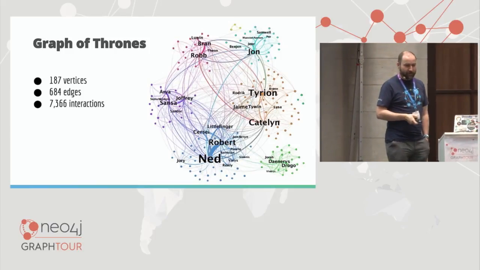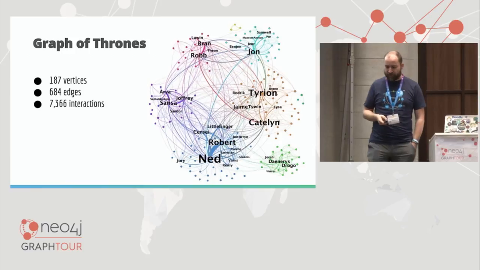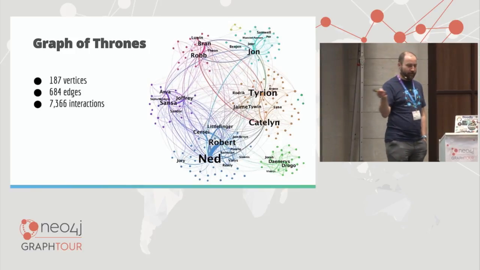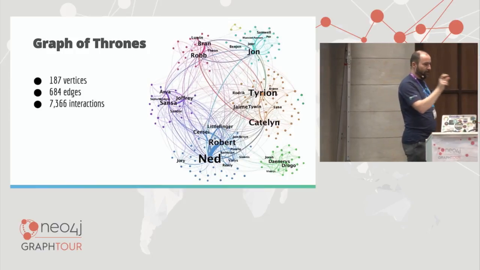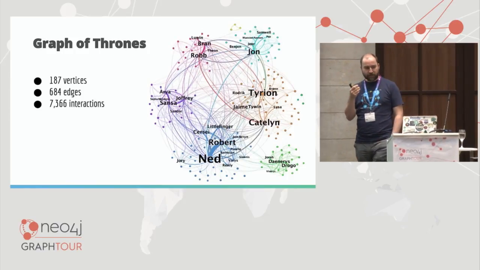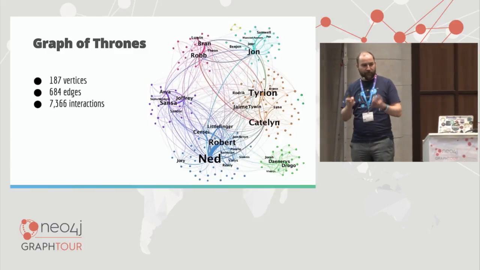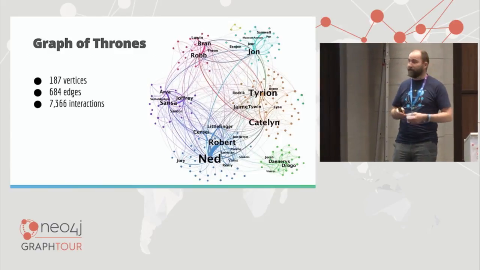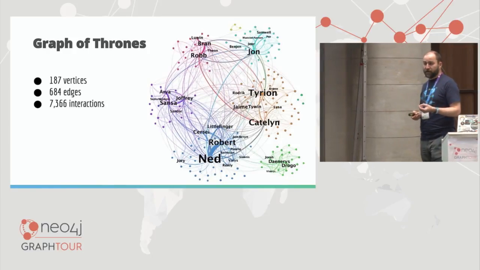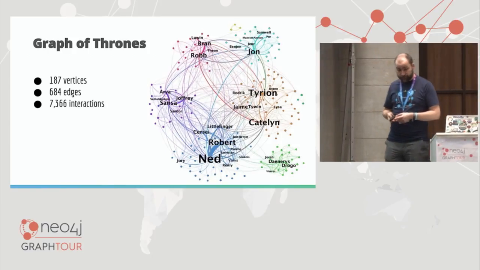There's a mathematician in California called Andrew Beveridge, who used all 5 books of Game of Thrones and used some textual analysis to extract character interactions. Whenever 2 people interacted with each other, that became one interaction. The result was a graph where the strength of each relationship was the number of interactions.